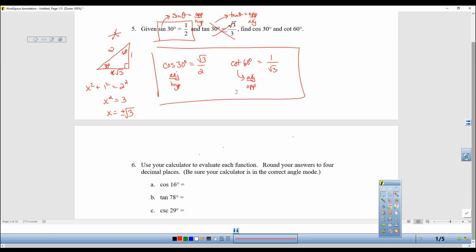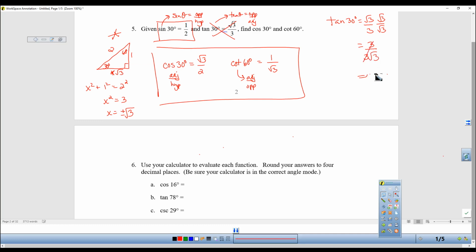All right, now I will tell you why tangent is there. It is correct. There's nothing wrong with it. It's just that they rationalized the denominator, and so it made it look tricky. If I unrationalize the denominator, square root of 3 over the square root of 3, I get the square root of 3 times the square root of 3 is the square root of 9, which is 3.